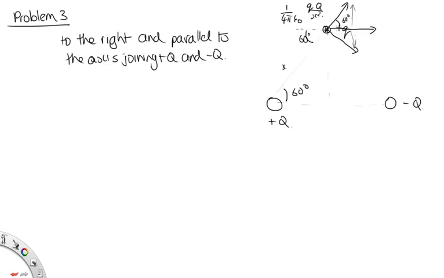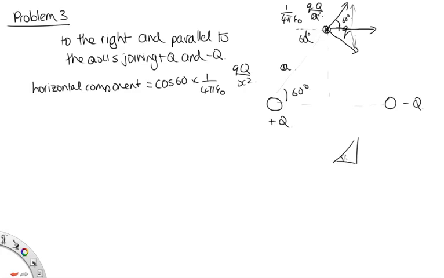And so the horizontal component is equal to cos 60 times 1 over 4 pi epsilon naught QQ over x squared, where x is the side length, a is the side length we're told in the question of the equilateral triangle. And so cos 60, just using our special triangles, if that's 60, then this is 1, this is 2, this is root 3, so cos 60 is 1/2.